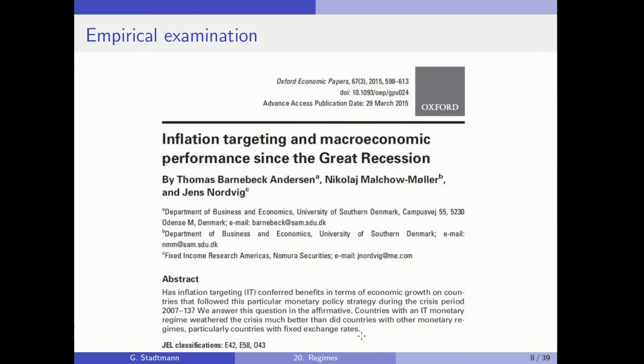There are some Danish researchers and they wanted to find out whether it was costly for the Danish economy to keep the fixed exchange rate system in place, and they especially compared it with the situation in Sweden. Sweden was able to get out of recession much faster compared to Denmark.